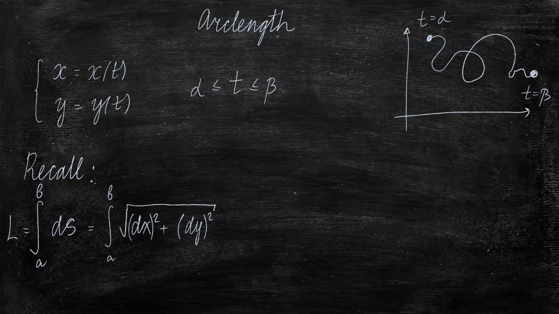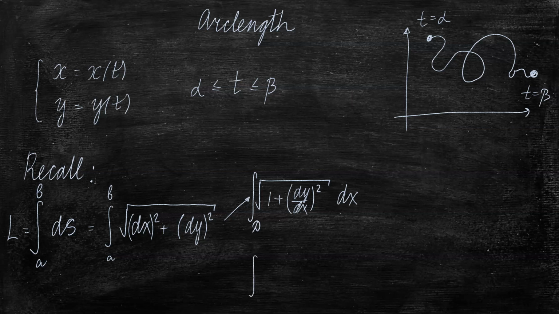altogether this expression doesn't make sense, but symbolically we understand that this radical can be rewritten in two different ways. On one hand, we can be pulling out the dx from the radical, and then we end up with the square root of 1 plus (dy/dx) squared, and we integrate over some domain with respect to x.